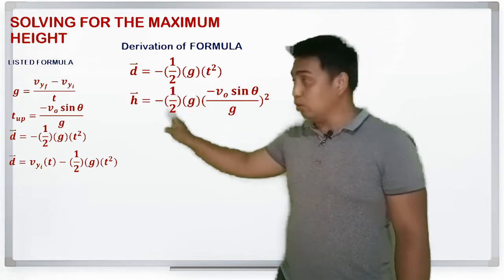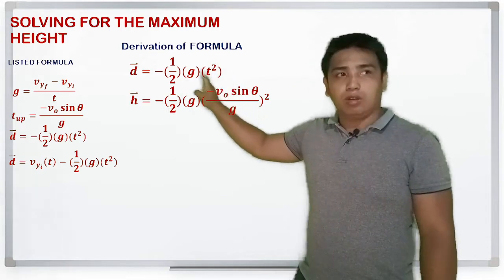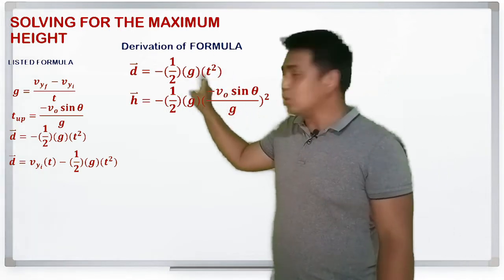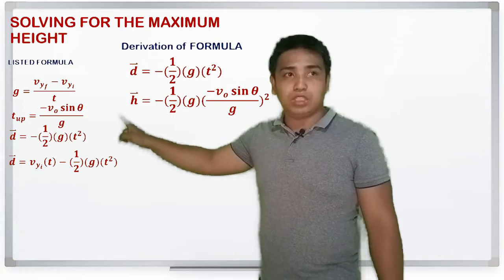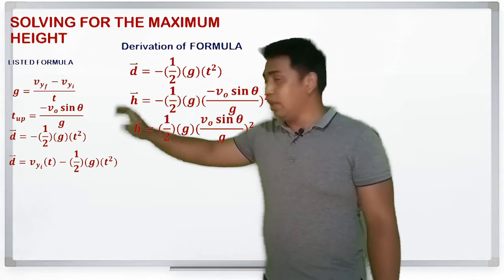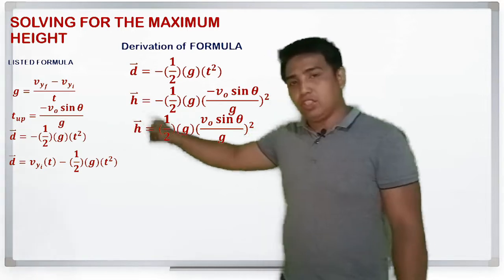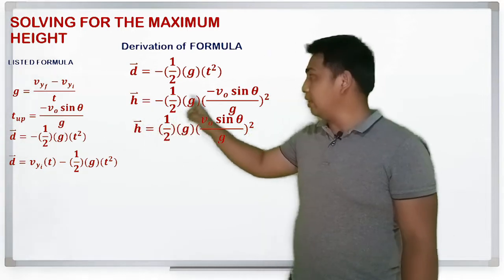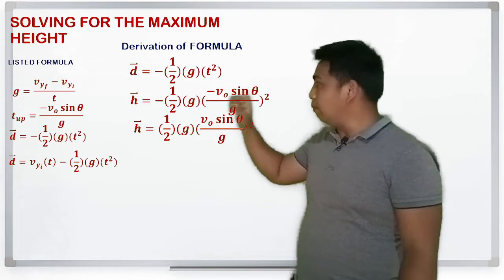And then we have to square that. Signs go first, so we have negative times negative, which will be positive. So we're going to have h is equivalent to 1/2 g times Vo sine theta over g raised to the power of 2.